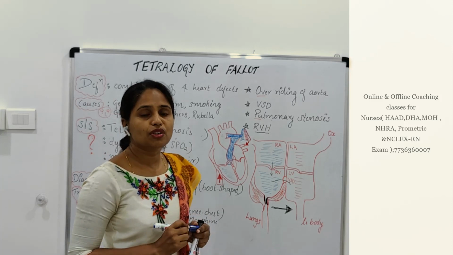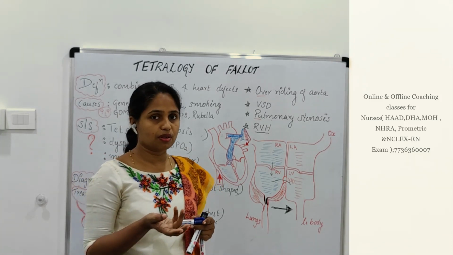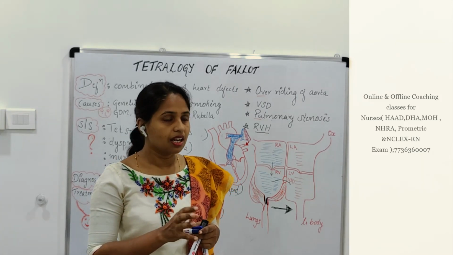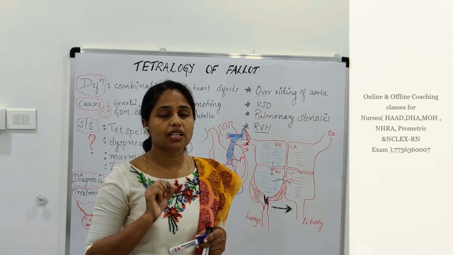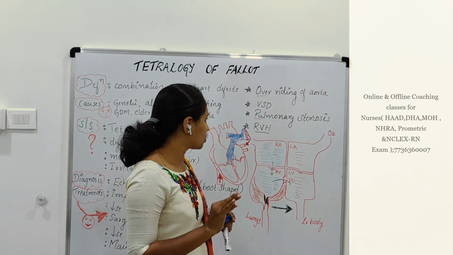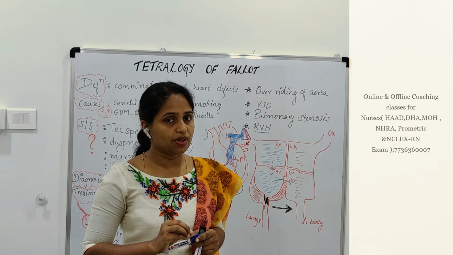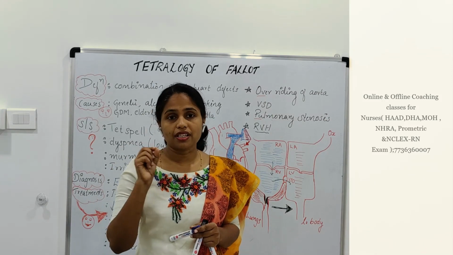The amount of blood collected from the right ventricle will be reduced. Understood? Because of the pulmonary stenosis, only a very small amount of blood from the right ventricle can be collected by the pulmonary artery. Why? It's because of pulmonary stenosis.